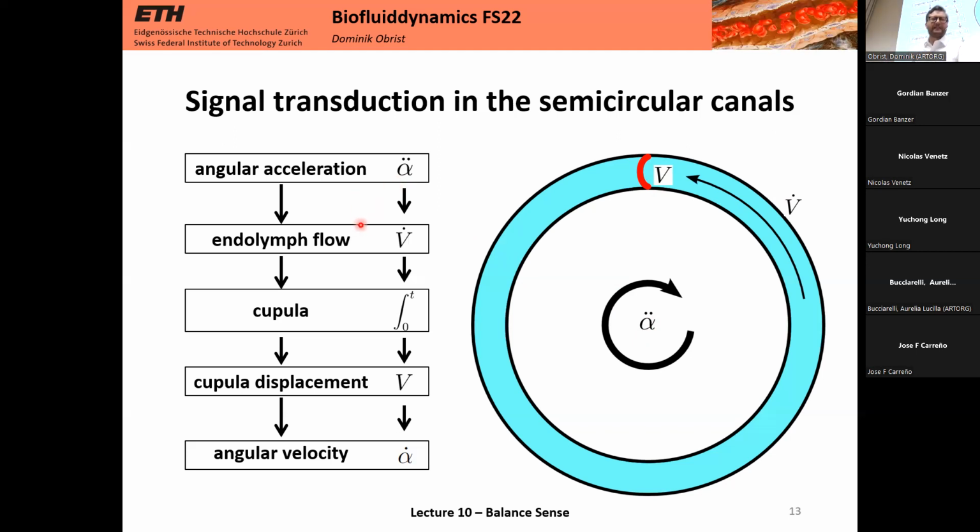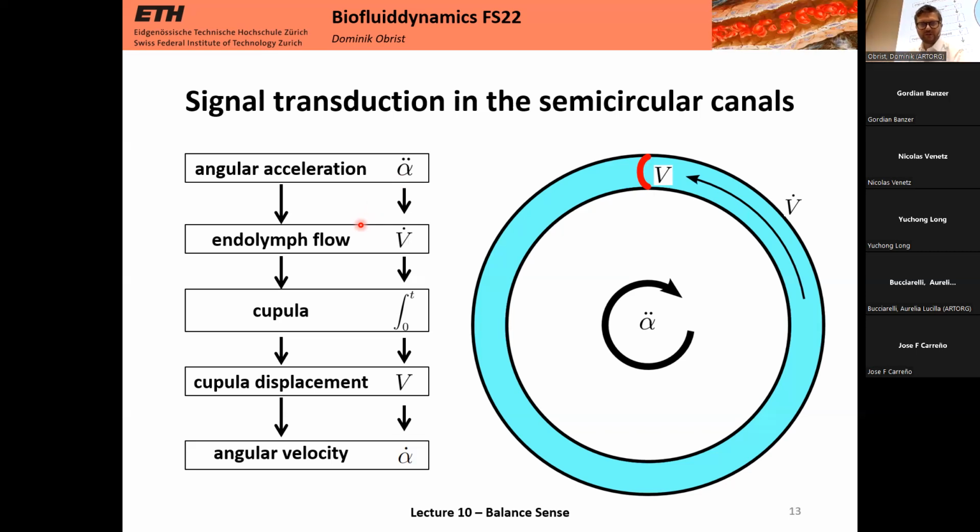And then in the first place, this acceleration will lead to a fluid flow. It's simply the inertia of the fluid, right? If you think of a bucket with water and you start accelerating it, of course, you will get some fluid motion inside there, right? And this fluid motion is directly proportional to the acceleration.